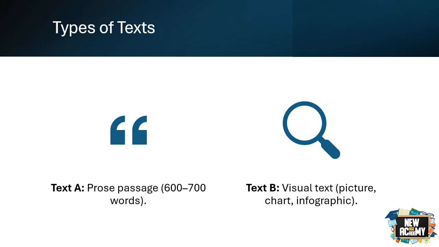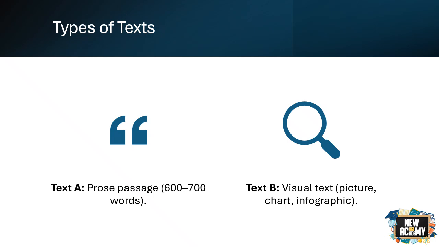For example, if text A is a prose passage, it can be a short story about a girl who studies hard, right? A passage about the girl who studies hard. So, in text B, as a visual text, it can be a pie chart showing how students spend their time while studying, playing, or sleeping.